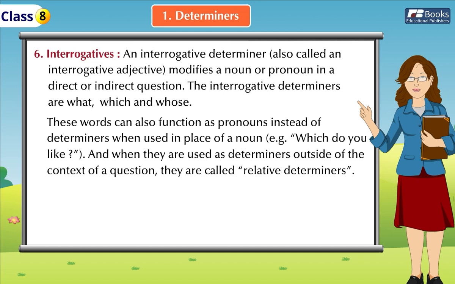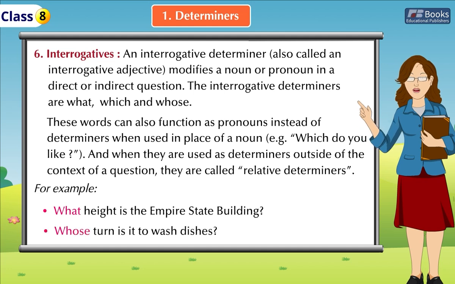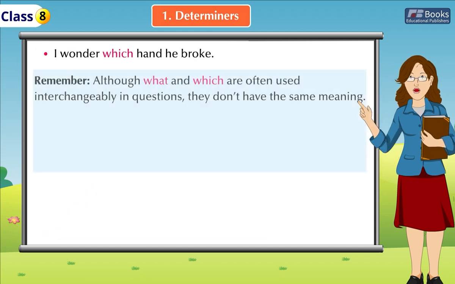Example, which do you like? And when they are used as determiners outside of the context of a question, they are called relative determiners. For example, what height is the Empire State Building? Whose turn is it to wash dishes? I wonder which hand he broke.